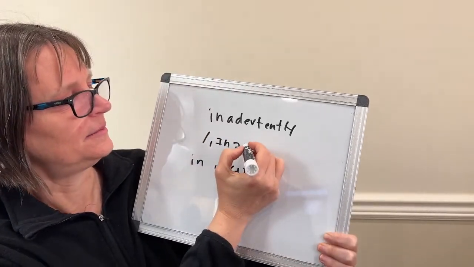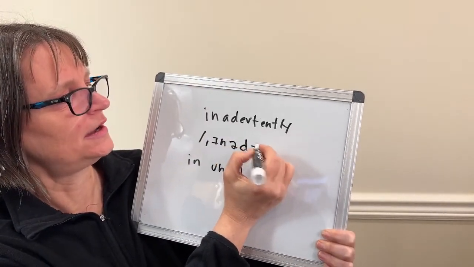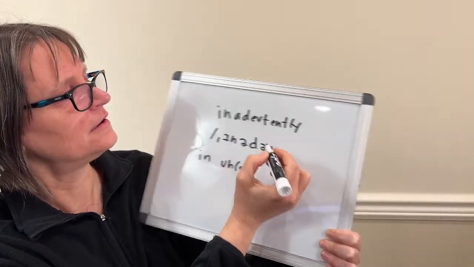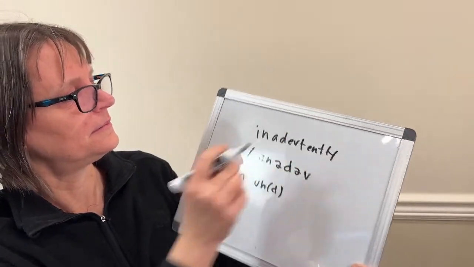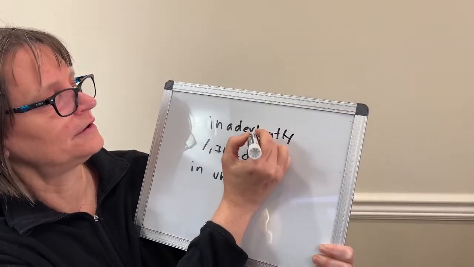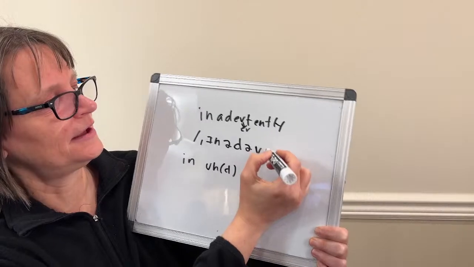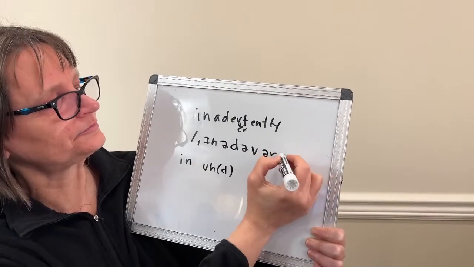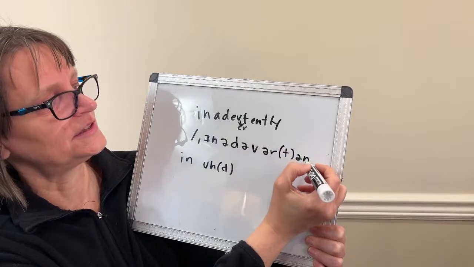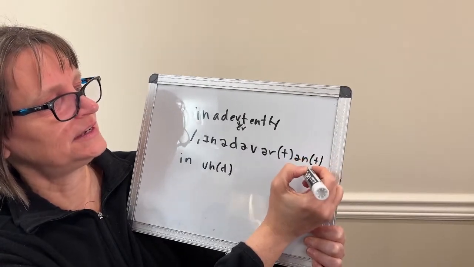So we'll have a D and another schwa. Inadvertently. We'll have our sound, an unreleased T, a syllabic N, another unreleased T, and an L.